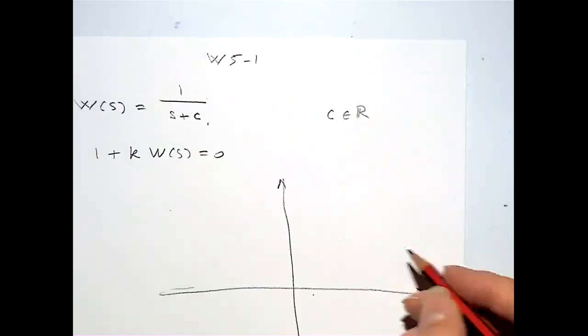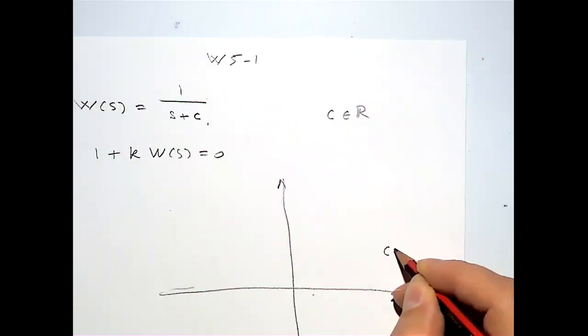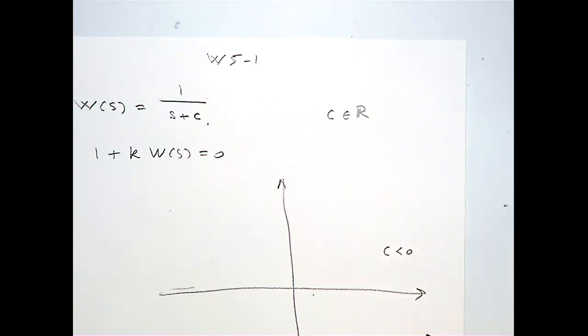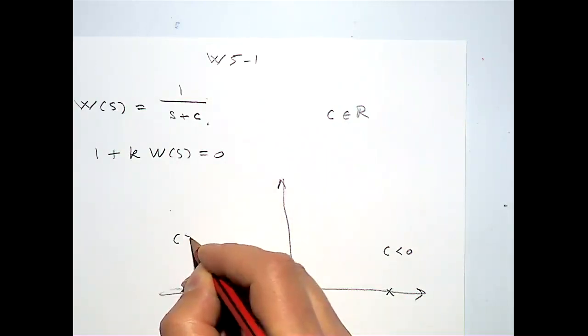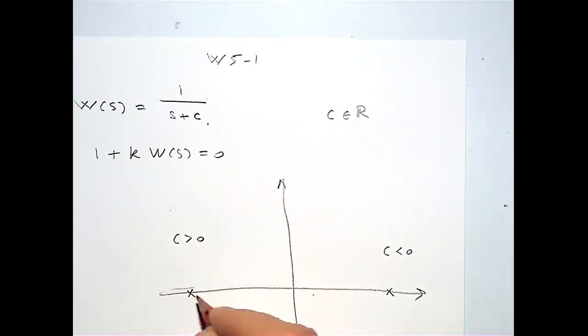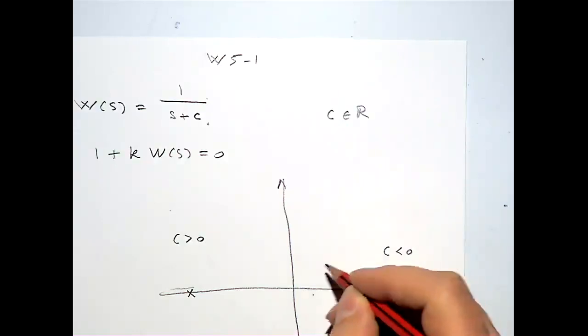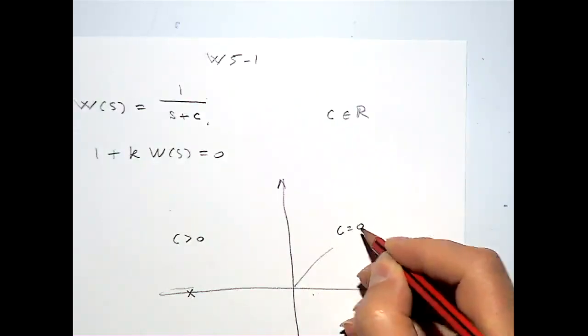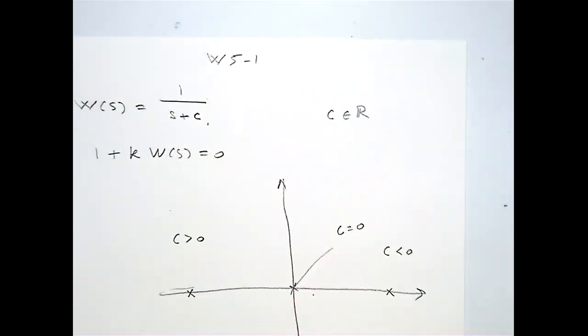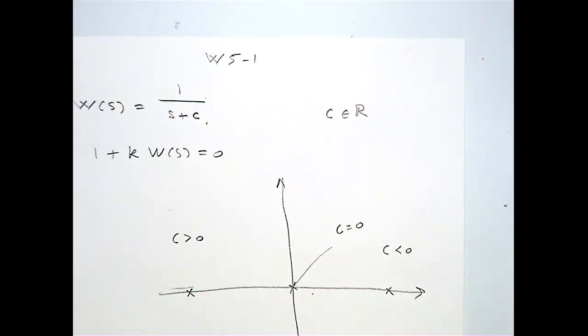If c is smaller than 0, there would be one pole here. If c is greater than 0, there will be one pole here. And if c is equal to 0, there will be a pole here.